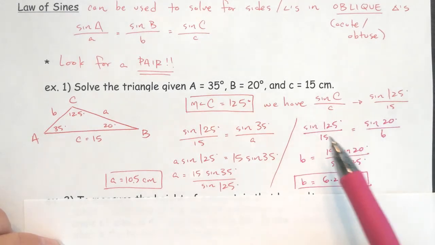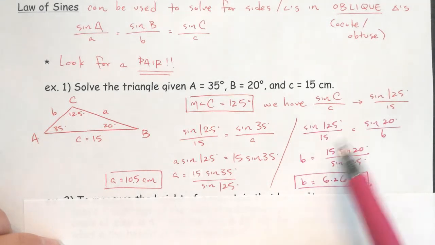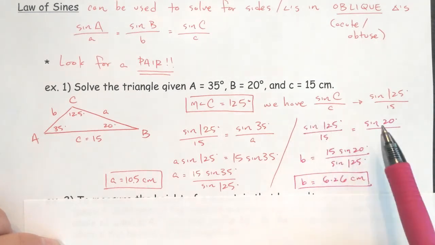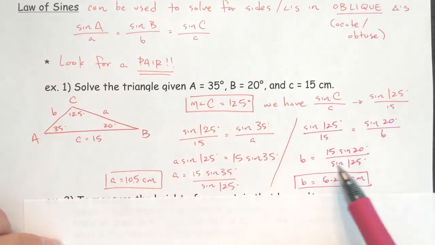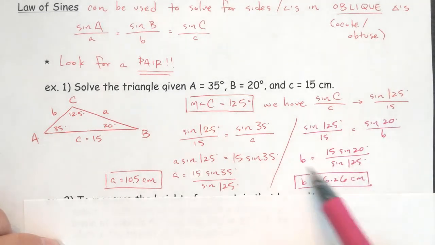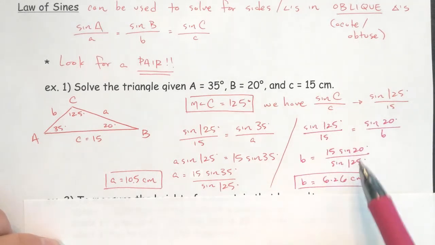So you can see this one I skipped to here. I knew that if I cross multiplied, I would have B next to this. So that would have to get divided by those two. So those two divided by sine of 125. So if you skip that step, it's okay, but you do need this step. So you need this, put it into your calculator, and then final answer. Okay, make sure you label.